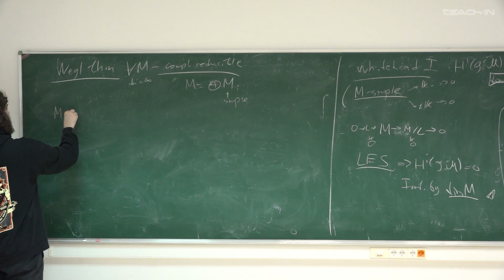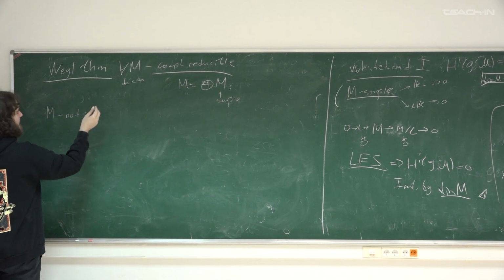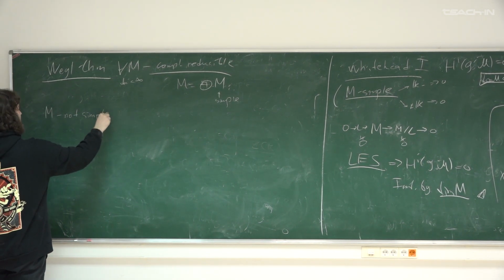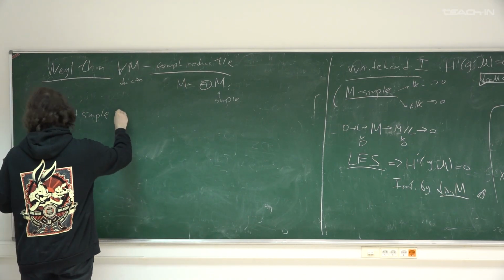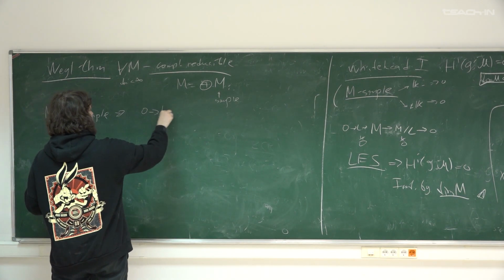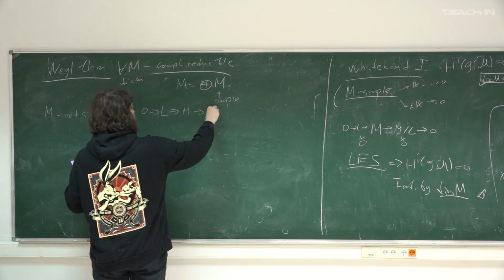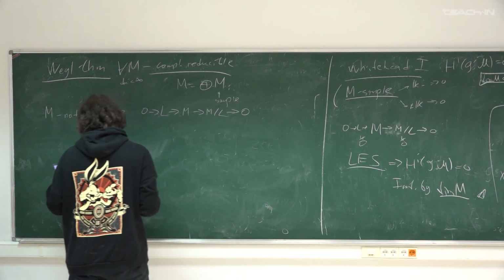If M is simple, it's irreducible. If it's not simple, then again we have a non-trivial short exact sequence of some submodule and some quotient module.